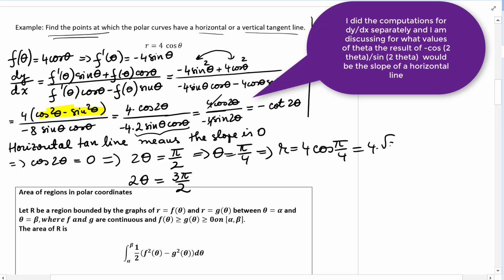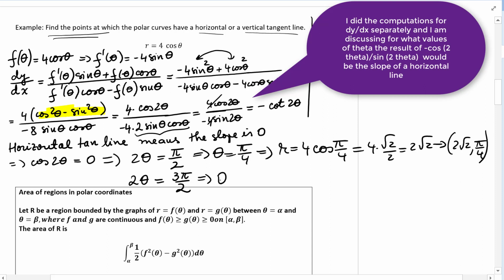It's 4 times square root of 2 over 2, which is 2 square root of 2. So the point where the tangent line is horizontal is 2 square root of 2, pi over 4.